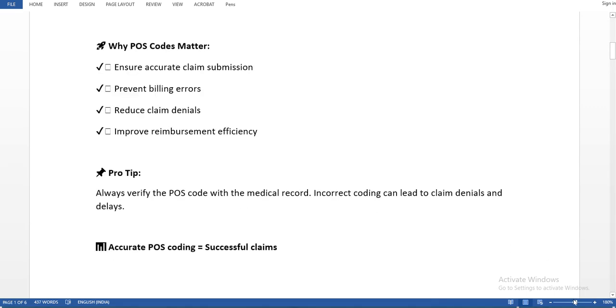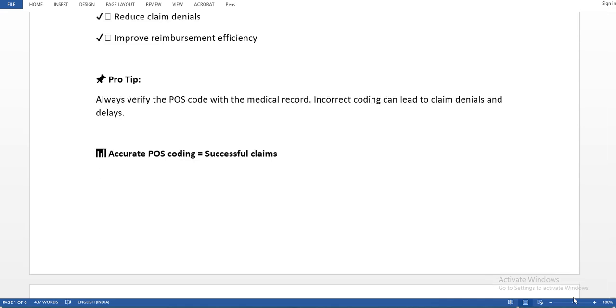So why does the POS code matter here? It provides accurate claim submission and prevents billing errors. The correct POS reduces claim denials and provides improved reimbursement efficiency. Because of that, everyone needs to understand the correct POS code for appropriate reimbursement, along with coding using ICD-10-CM, CPT as well as ICD-10-PCS.